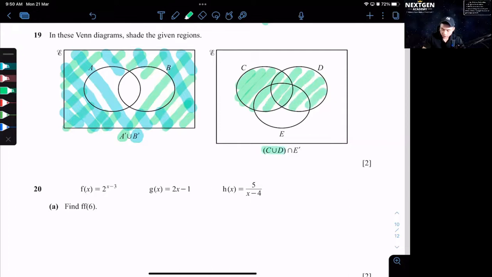Okay, intersect E prime. Where's E prime? Everything outside E, right? So everything outside E. It's actually here also, but maybe I don't shade it. So if you all see here, it will be just here. Outside E. Okay, wait, small mistake here.